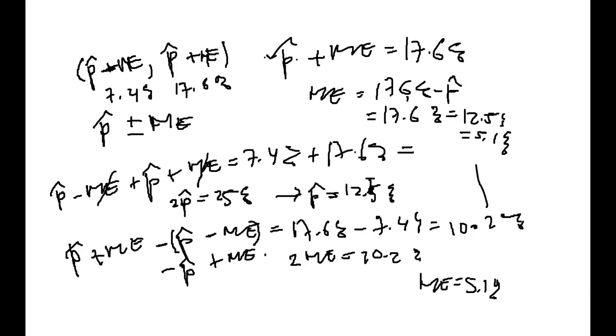Okay, here we go. The next question, yeah, this is the same thing. So now this is p hat, right? And this is the margin of error. So in order to get this interval, on the left side you subtract this with this, and on the right side you add this with this, right? So your answer will be what?